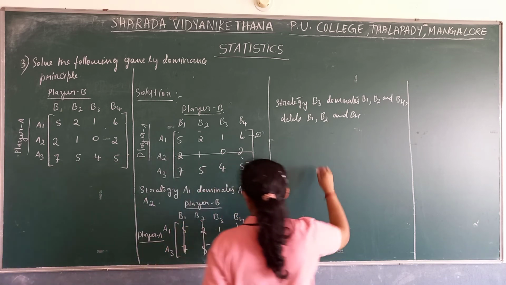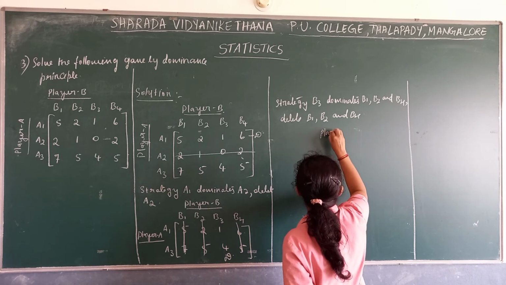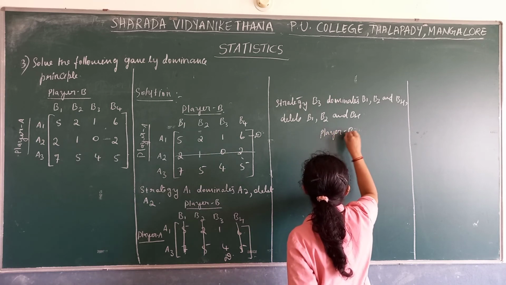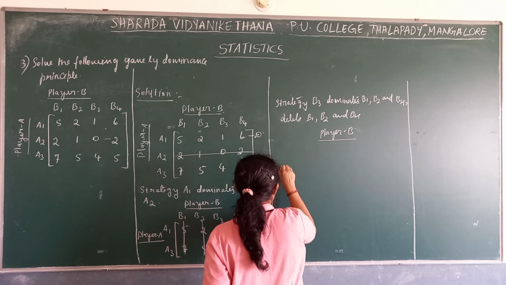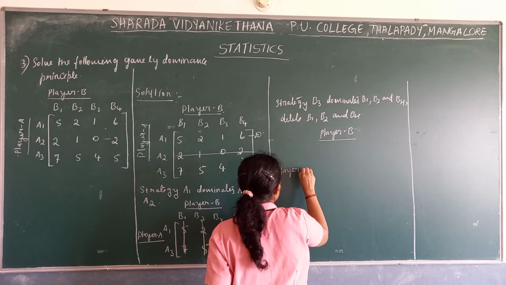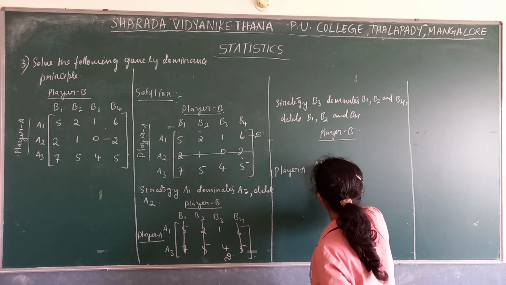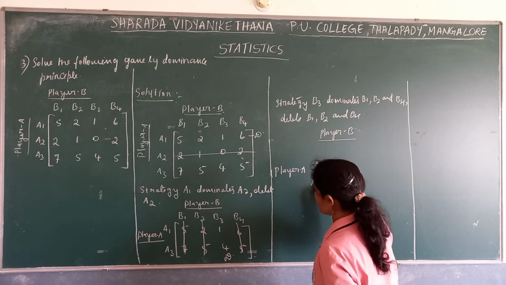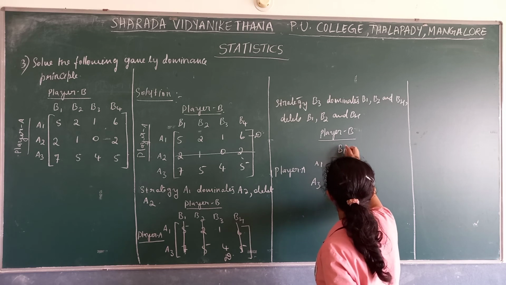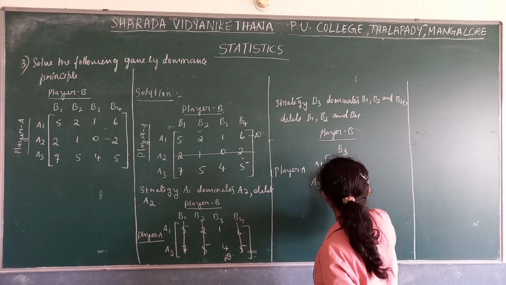What will remain there? For player A, there remain A1 and A3. Here remains strategy B3.